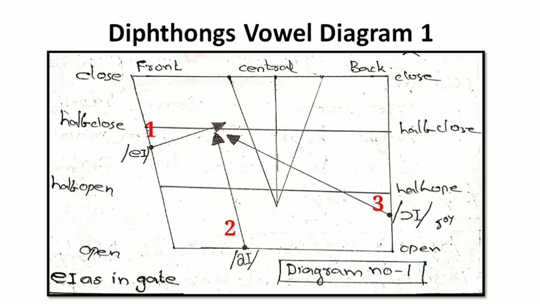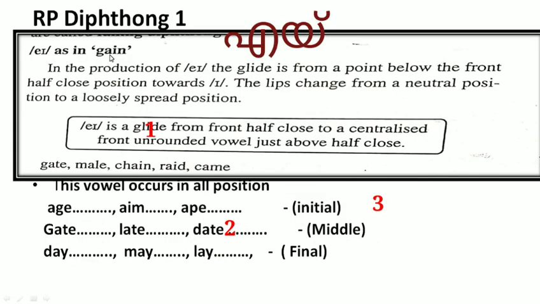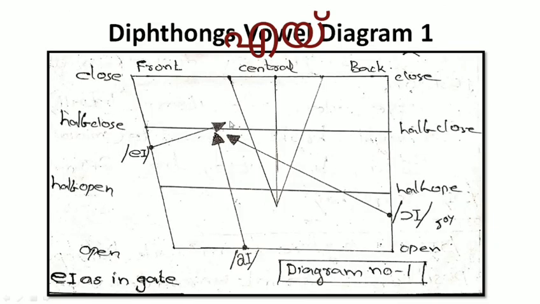RP diphthong 1, ei as in gain. In the production of ei, the glide, I told you vowel glides or the tongue moves, is from a point below the front half closed position towards the position of I. That means I is the second element in this diphthong. The lips change from a neutral position to a loosely spread position.